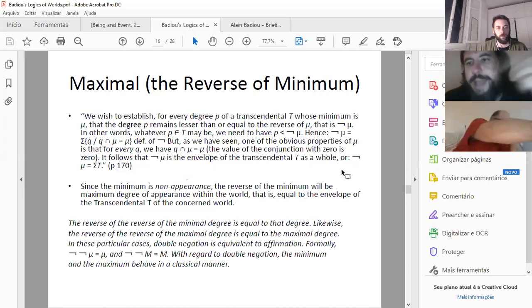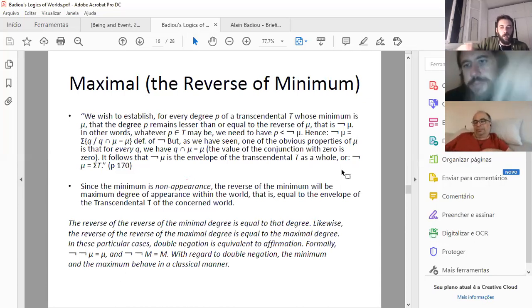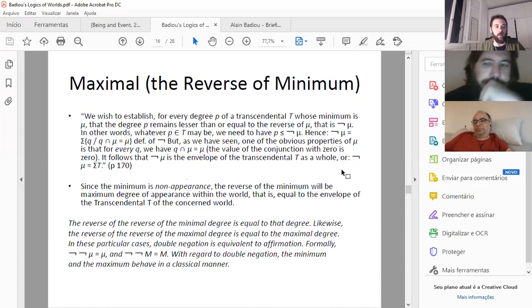So there is a maximum, which is a degree of measure, which does not coincide with the whole that is presented in the situation or in the world. I think this is important because he keeps the idea that there is a function measuring relations and localizing the output of this function in the same world. This is valid for the totality of the world.